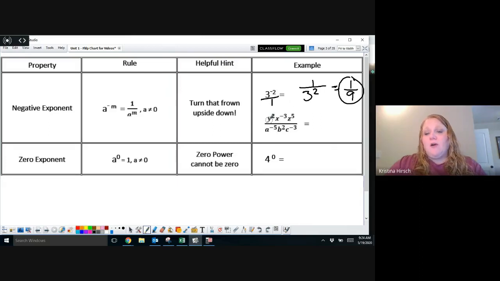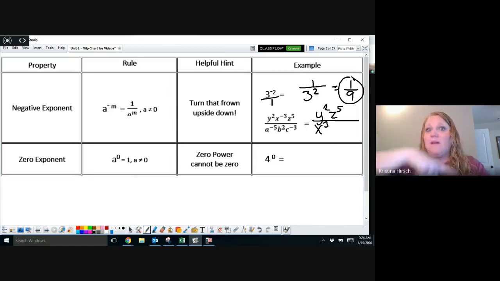So I'm going to go through and think about, is it happy or not happy? For this first one, y squared is happy, so I'm going to keep it in the numerator. X to the negative 3 is not happy, so I'm going to move it to the denominator and make it happy. Z to the 5 is happy, so I'm going to keep it up there. A to the negative 5 is in the denominator.